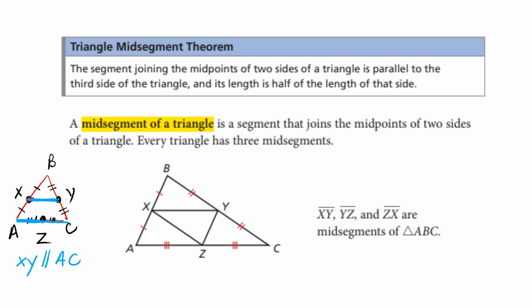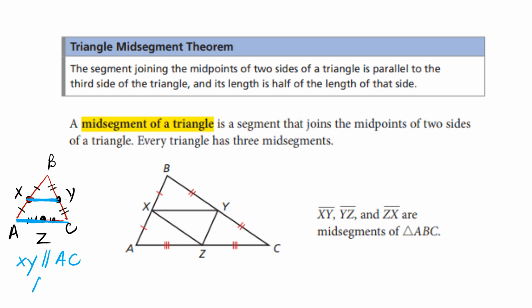And what are the X and Y points? X and Y are the midpoints of AB and CB. So what is the relationship now between AC and XY? AC is actually 2 times XY.